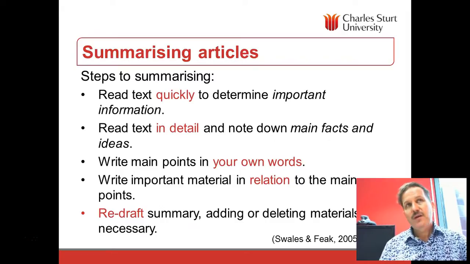So read the articles that you think are important, just to get the main ideas, the main subject, and see if that main subject or the main ideas or the data used, the method, see if that's useful for you answering your particular assignment question. Then if you like that particular article or that particular report and you see it as useful, then read it in detail and note down the main facts and ideas. But remember to write down the points in your own words.